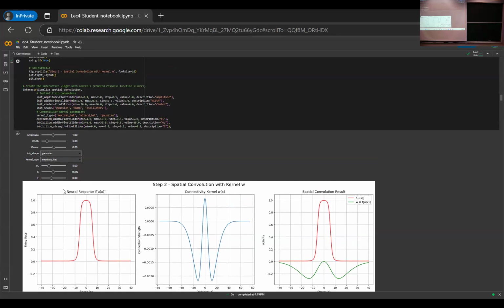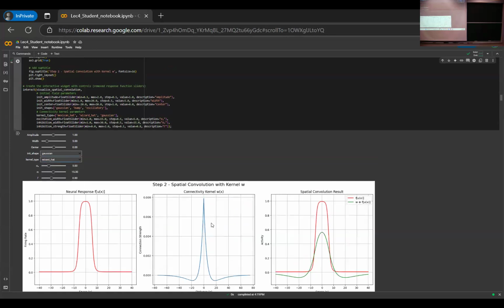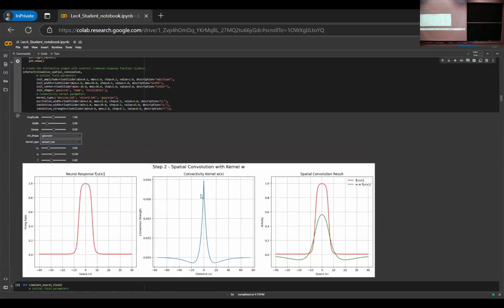The way we construct the kernel here is, as John was saying, using two different exponential decay functions with slightly different variables. We've got an excitatory one and an inhibitory one, and if we subtract them from each other, we get this shape of going down and coming back up.